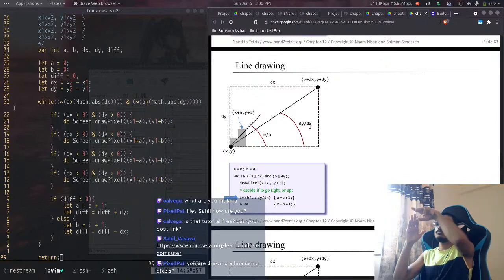This will have a positive slope and this can have a negative slope. Wait, is this a slope or an angle? It is an angle.